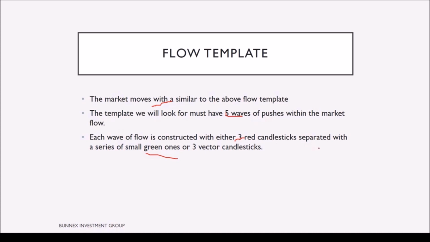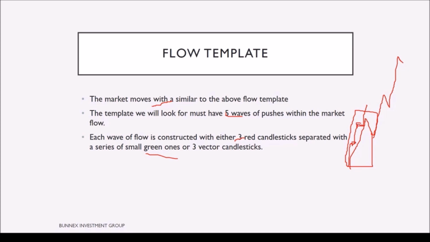Each wave, for instance, wave number 1, separated wave number 2, wave number 3. So what we are saying is, in this one wave, the wave is constructed by 1, 2, and 3 candlesticks, either separated with a small green candlestick if it's going up, or separated with small red candlesticks.